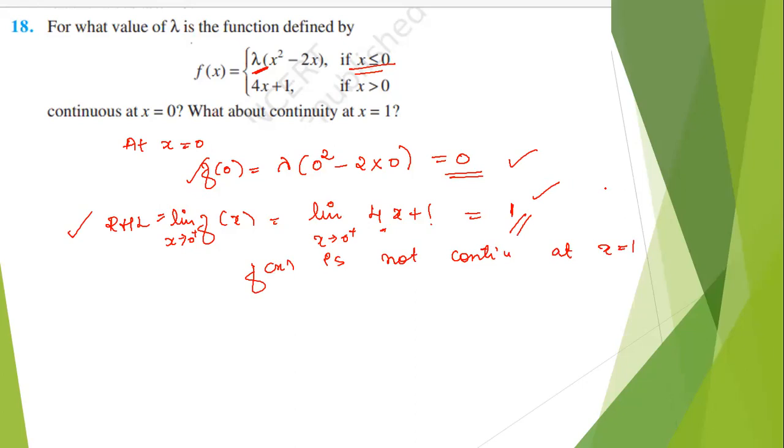Now you check for x equal to 1. What will happen when x is equal to 1? At x equal to 1, what is the functional value? What will be f of 1?